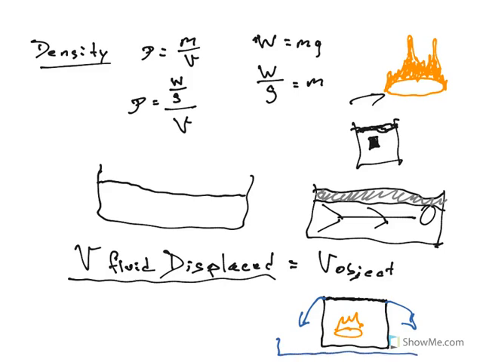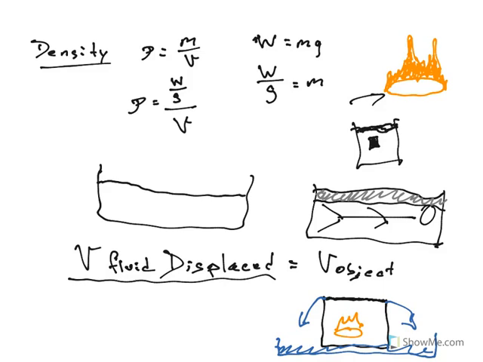So I'm going to catch that extra water in a container. And then all that water that leaked over the edge, that's the fluid that was displaced by my crown. If I measure the volume of that fluid that leaked over the edges, that must be exactly the same as the volume of the crown itself, because the only reason the fluid leaked over to begin with was to make room for the crown.